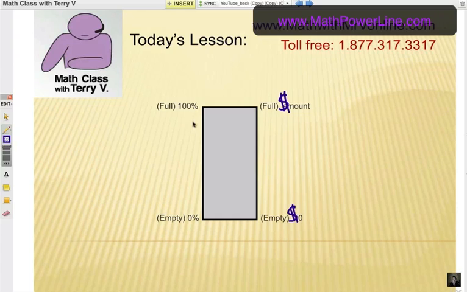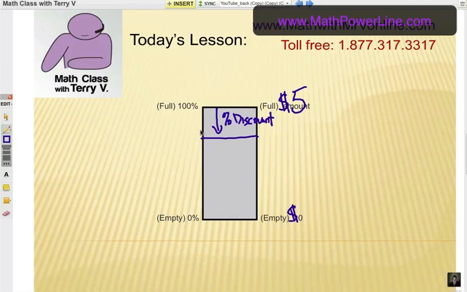So, the idea is you have a full amount of a price, let's say a $5 item that you want to buy. And in the example of the problems you're going to see here, you have a certain percent taken off of the price, and that's of course the discount rate, or the percent discount. So you have to find out how much that amount is, and then you subtract, because of course that's taken off the price.